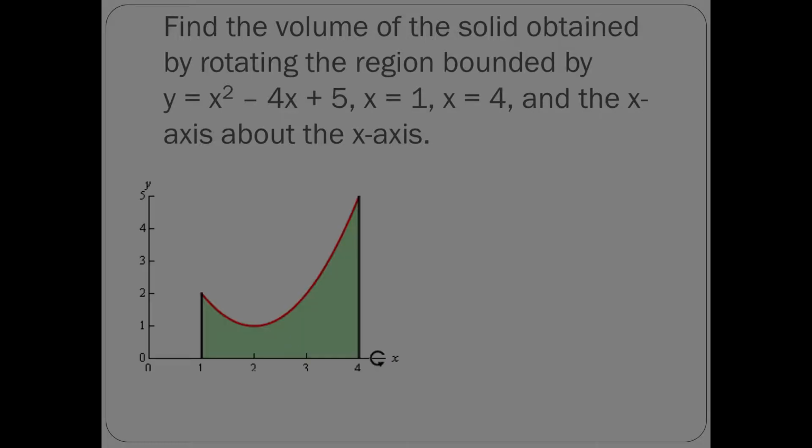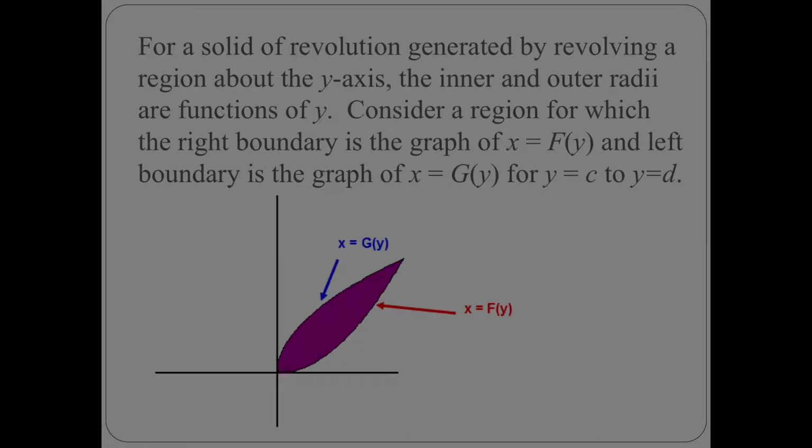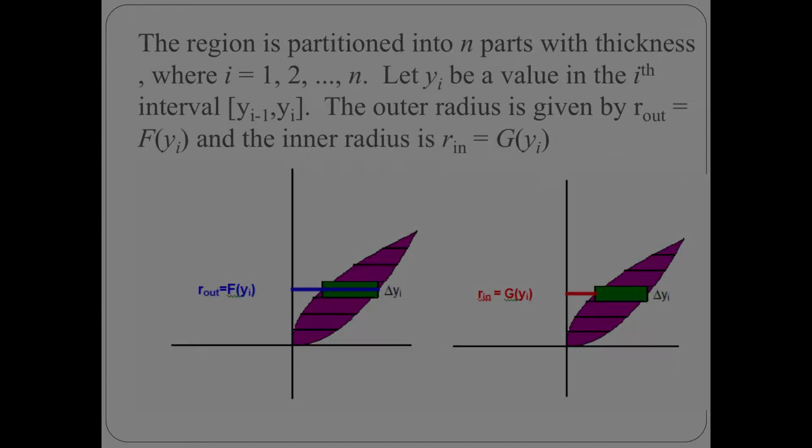Okay, you ready? Here's a different region. These two are functions in terms of y. You don't have to write this down. This is another sit back and relax. Once again, we can break this up into infinitely small rectangles. These rectangles rotate around the y-axis to make discs or washers.